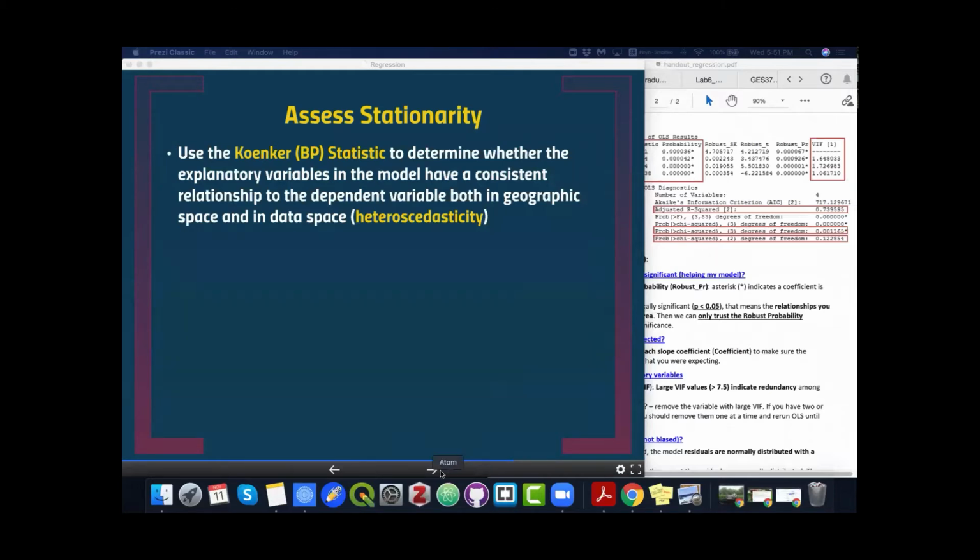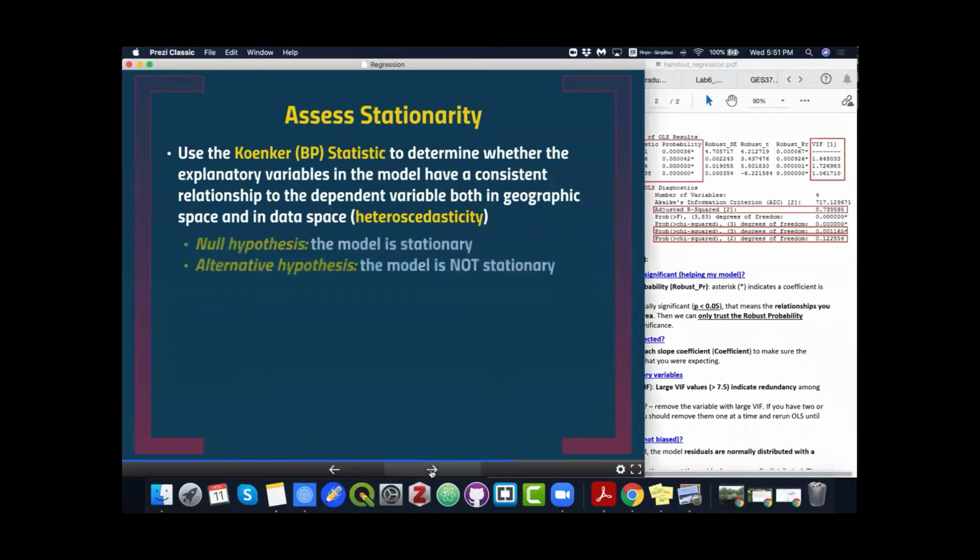For the Koenker statistic, the null hypothesis is the model is stationary. It can be expressed in an equation, but here let's just focus on how to read the numbers. And the alternative hypothesis of the Koenker statistic is the model is not stationary.